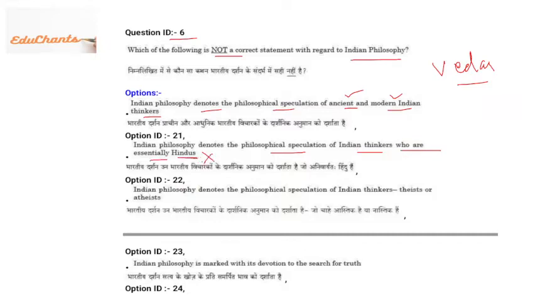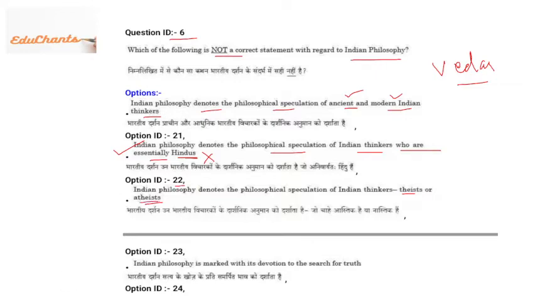No, this is not correct, because we are not considering only Hindus, right? Then the third one is, Indian philosophy denotes the philosophical speculation of Indian thinkers, theist and atheist. Though we have got our answer, the option B, option ID 22, we are still analyzing all the options so that you can discriminate the right answer.